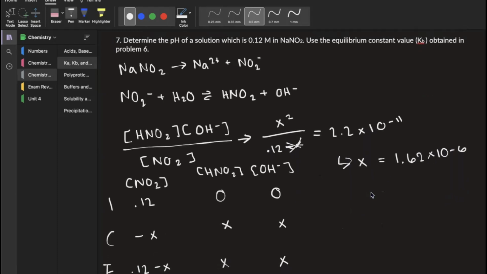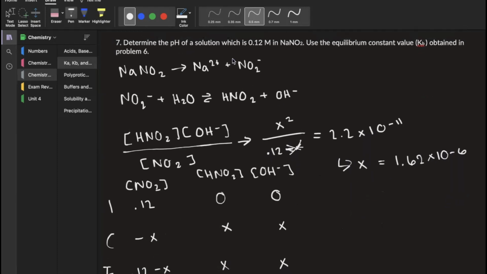Now, what it asks for is the pH. So what we have is a concentration of OH negative, so we can use it to find the pOH.